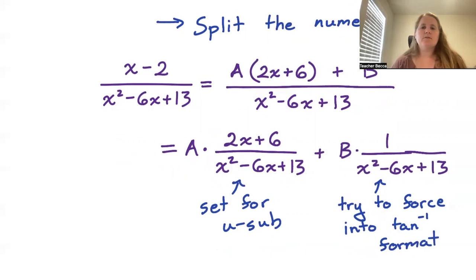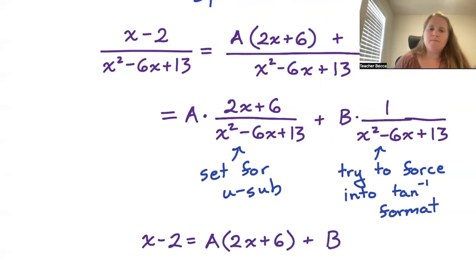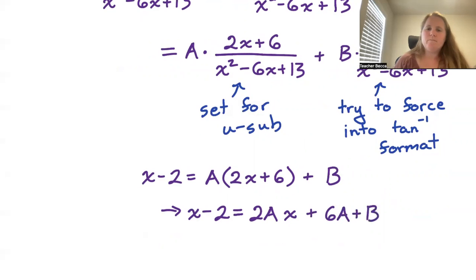In order for this to hold true, we have x minus 2 is equal to a times 2x plus 6 plus b. That means x minus 2 is equal to 2a times x plus 6a plus b.